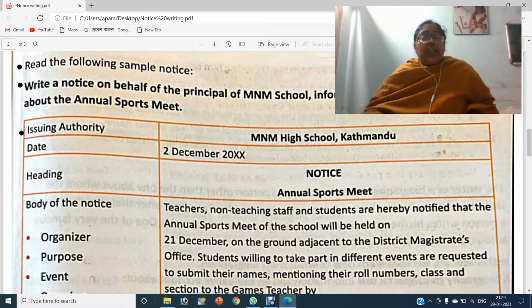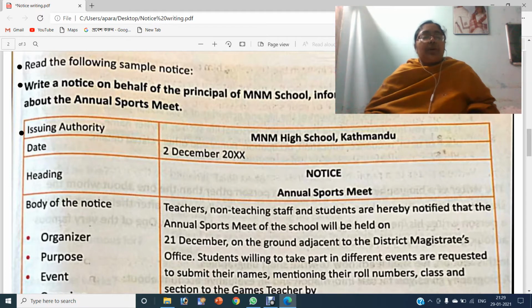The first thing you have to follow is that notices always contain a box. And within the box, we have to write everything. Here, for you to understand properly, the notice has been made in different boxes. But when we write, we have to write it in one single box.